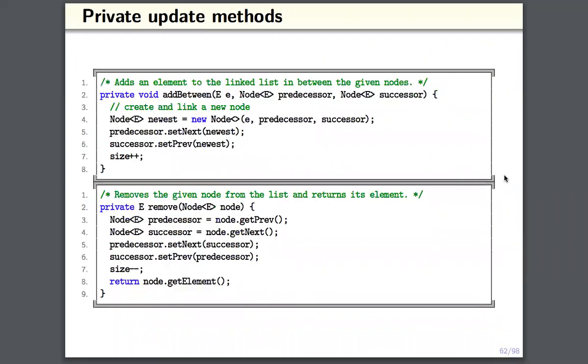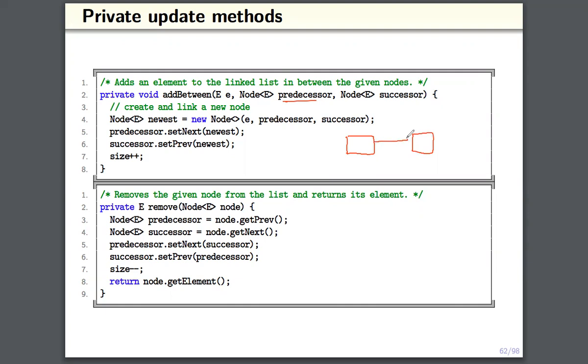Okay. Next, so we will look at the unified functions now. So if you understand this, it is very simple actually. If you understand this, then all the other 4 functions make use of these, add between or remove. That's it. Add between. So what is the meaning of this? So you have a predecessor, you have a successor.